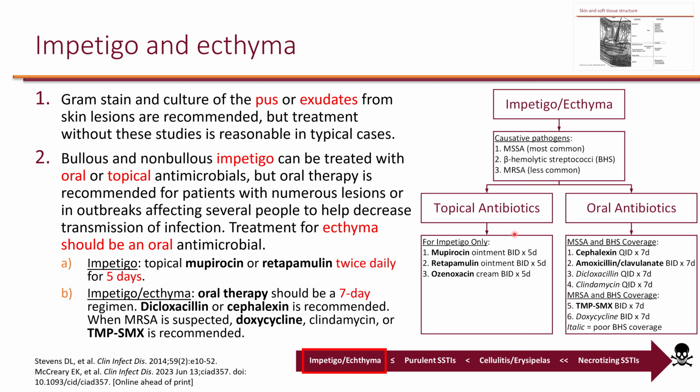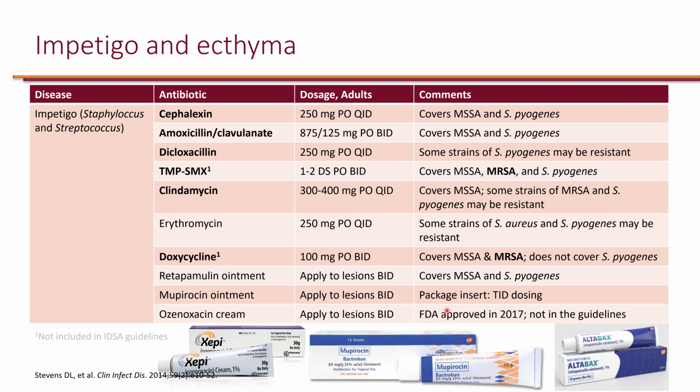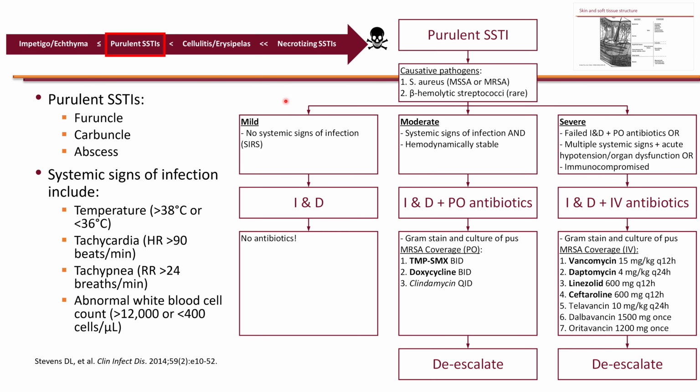So, if you don't have culture results, you can totally do these creams or these treatments for 7 days and you'll be done with treatment. Now, these are the regimens that I had mentioned, so keep note of the frequency of doses, because some of these that are 4 times a day are less likely to have adherence in patients.